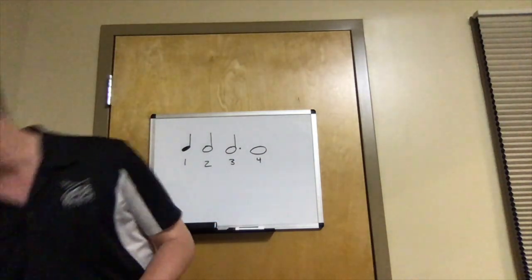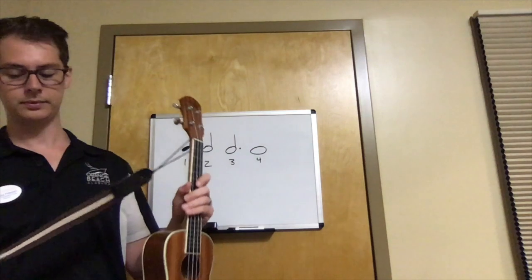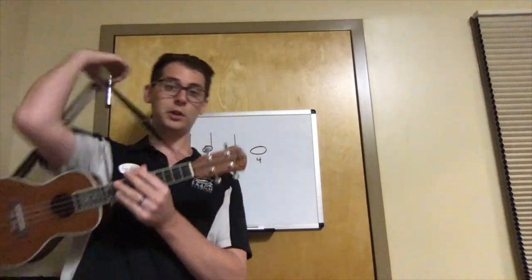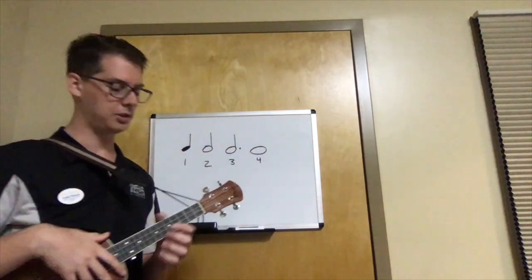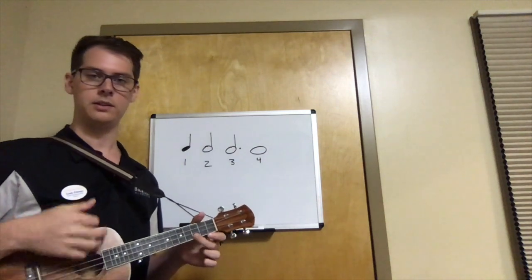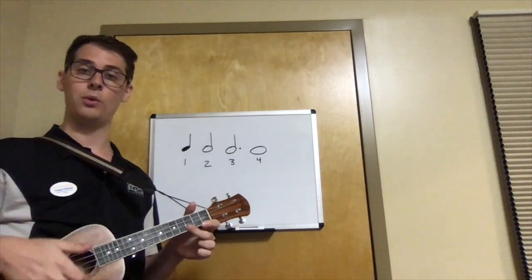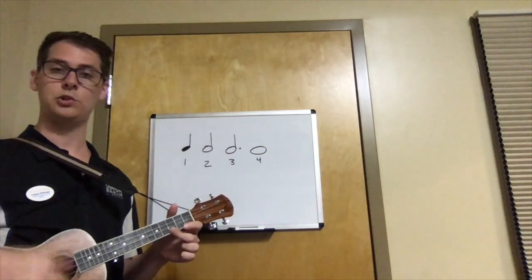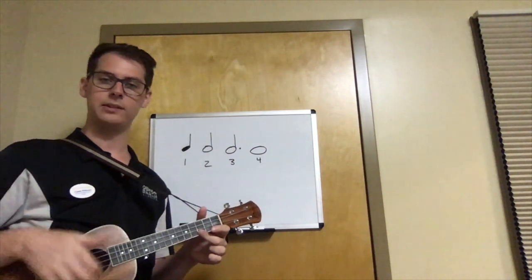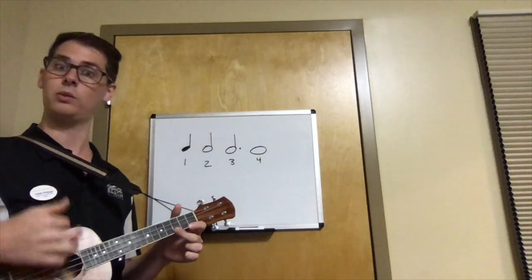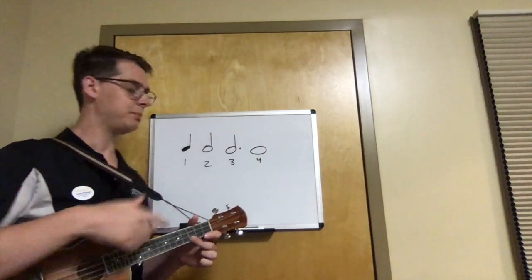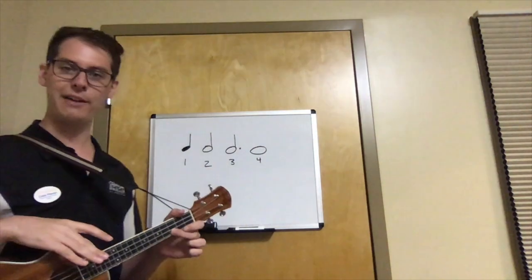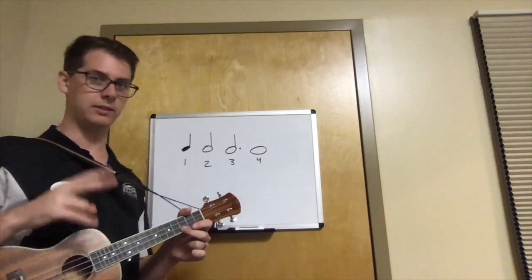So, given those examples, if we were to play quarter notes in succession, 1, 2, 3, 4. 1, 2, 3, 4. You strum every beat because it's only worth one beat. Now if we moved on to a half note, we would hold it for 2 beats.